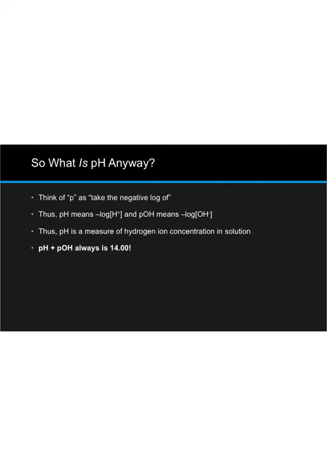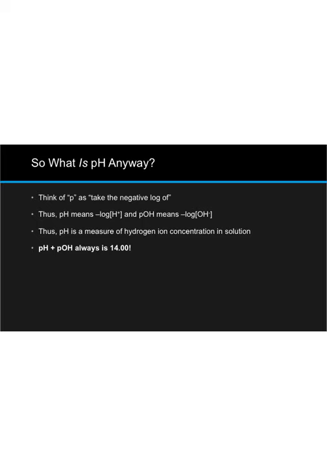Well, the answer is that there is a mathematical way to describe pH. That letter P in front of H really stands for a covert mathematical operator. We can think of that P as meaning take the negative logarithm of a quantity.